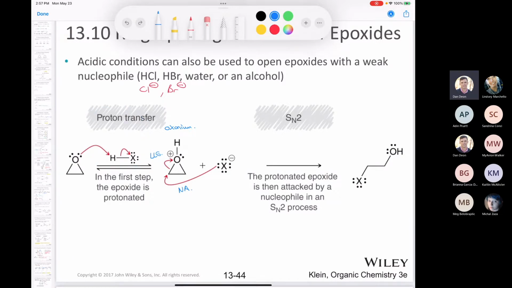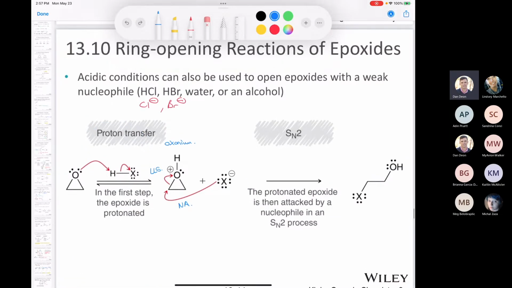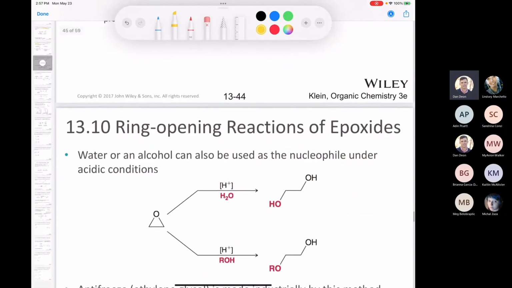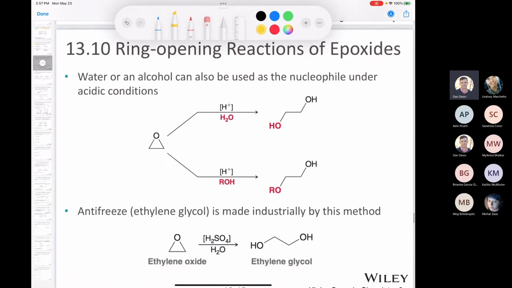And there you go. Now, there are some interesting nuances with acidic conditions. There are some things that you might not even expect, but we're going to get to that in a second. It says here that water or an alcohol could be used as a nucleophile.